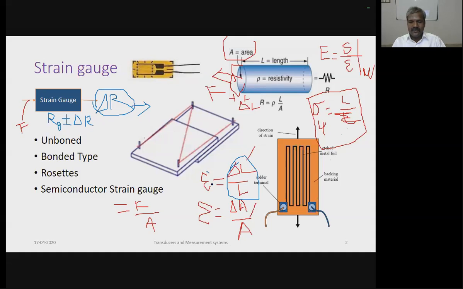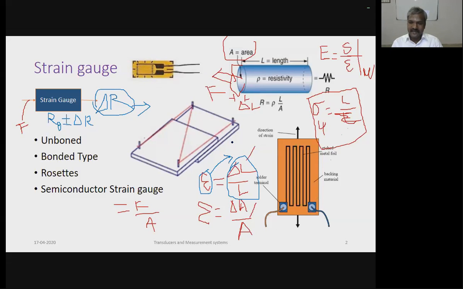So what is the unit for strain? You can easily tell there is no unit, because this is meter and this is also meter. But in the instrumentation industry, we normally specify the strain value in terms of micro.